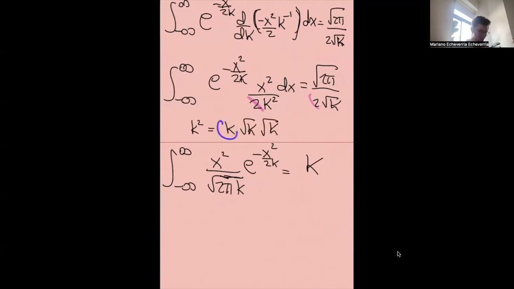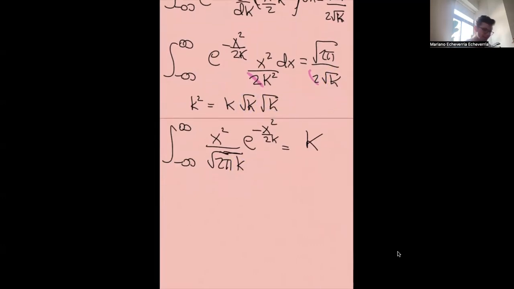One of these I keep here, and the other k root of k I use to simplify it. It's a little bit of algebra, arithmetic, but it is not such a bad thing. Is that making sense?